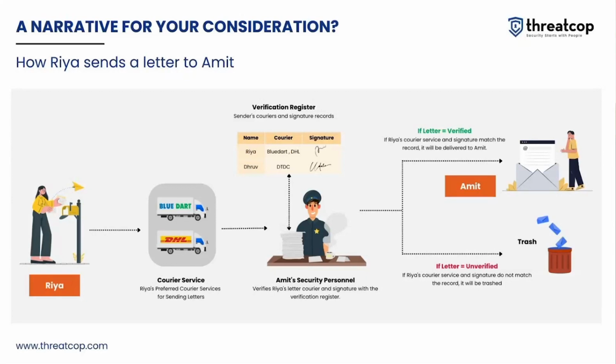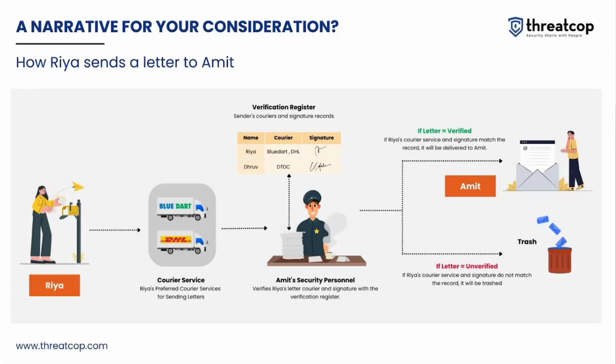Amit's security personnel is the one who verifies against the verification register, which already has the sources, basically the courier services which Ria usually uses, and the signature already stored inside the register. Now, take an example where the data is not in the verification register. If the security personnel doesn't even know which courier or signature Ria uses, what would happen?